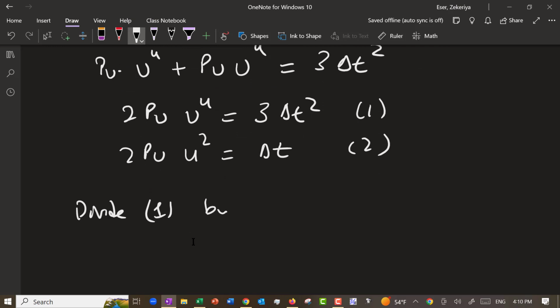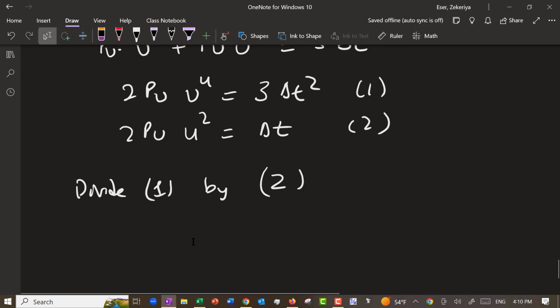Divide 1 by 2. So this basically says the pu's cancel out, and u squared equals 3 times delta t. Okay? I'm basically dividing the first equation by the second equation.